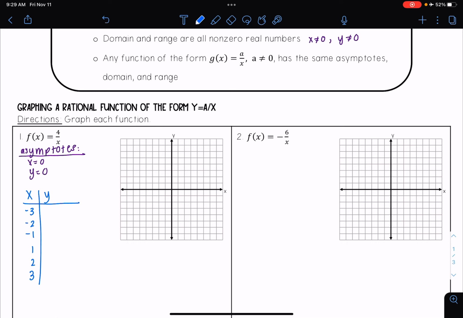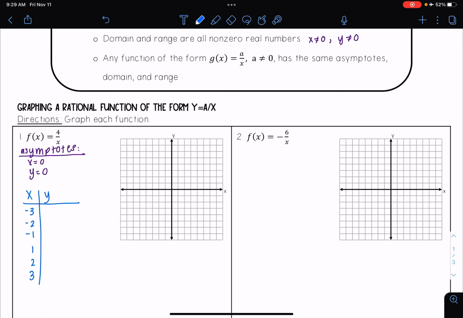We can't put 0 in there, because if I put x equals 0, I would get 4 divided by 0, and we can never divide by 0. That gives us an undefined value. If you put it into Desmos or your calculator, it's going to give you an error message, and that's why we choose values to the right and left of it.